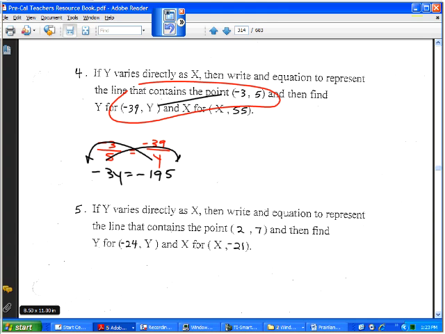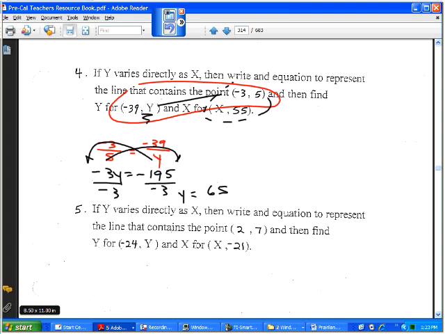I'm actually solving for y. We could do these two together and actually solve for x, right? So divide by negative 3, and you get y is equal to 65. So we could find the y using a proportion. That's not really how I want you to do these. I just needed you to know that direct variation means proportionality.